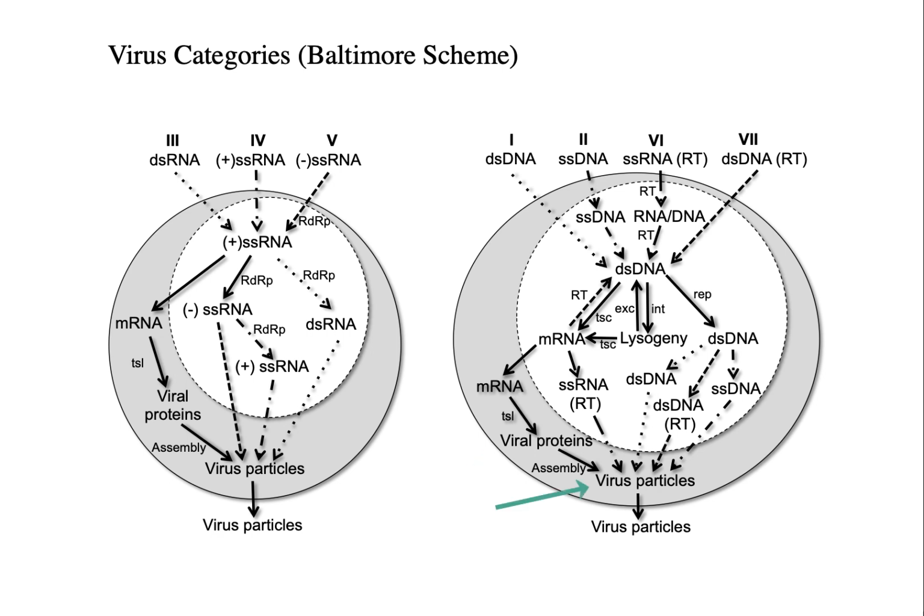And then these can be released from the host cell. In the case of Category 7, they carry double-stranded DNA, but with a reverse transcriptase, and actually make the genomic DNA that winds up in the virus particle by using the reverse transcriptase.